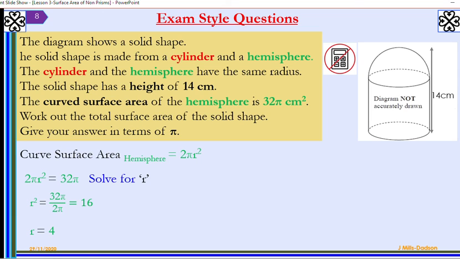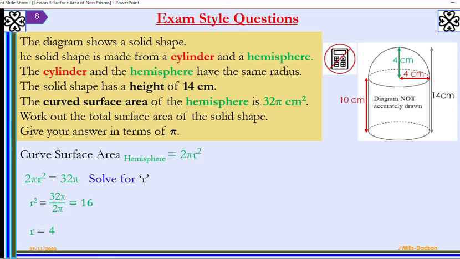It says the cylinder and the hemisphere have the same radius, so I put 4 cm going up and 4 cm going across. Now that we know the radius, we can work out the height of the cylinder, which is 14 minus 4, and that is 10 cm.